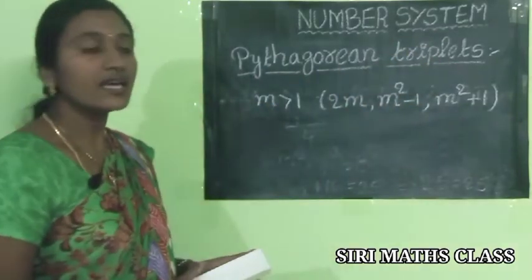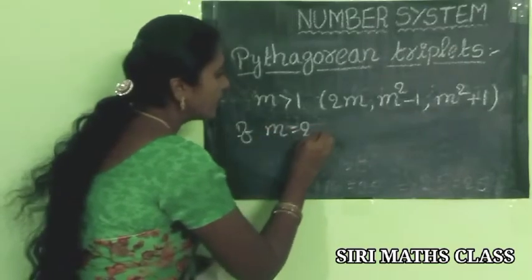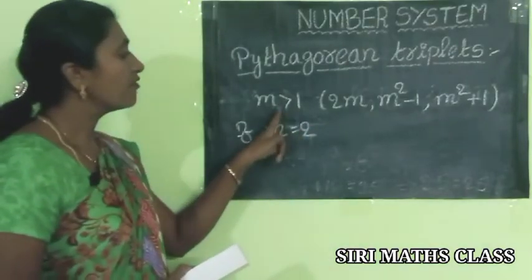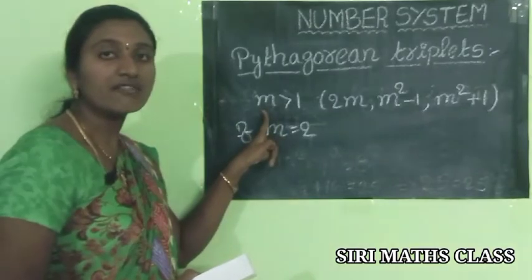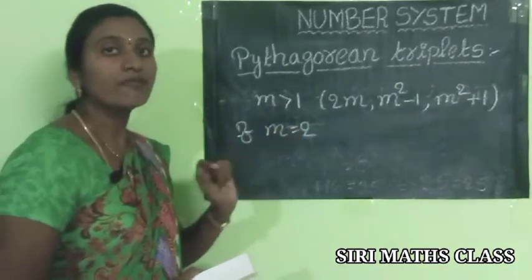Suppose I take the M value 2. Why? Because the condition is M is greater than 1, so we can't take M value 1. That's why I am taking M value 2.